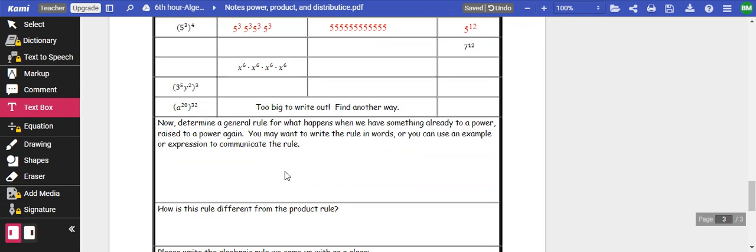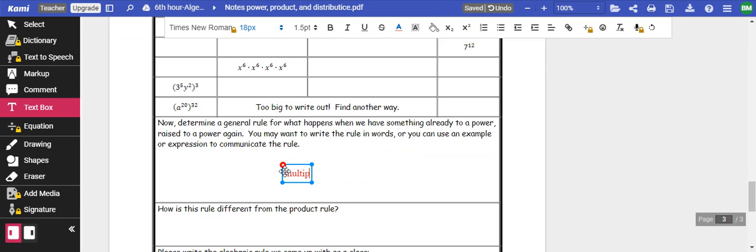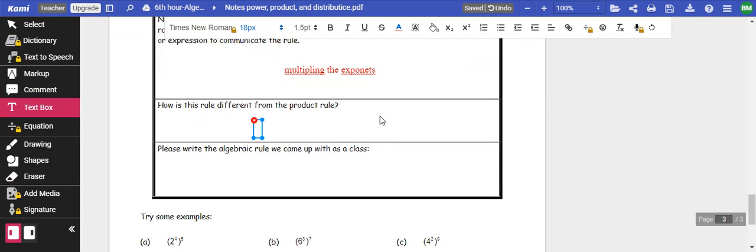So what is happening here is we are multiplying the exponents. It is different because we are multiplying.